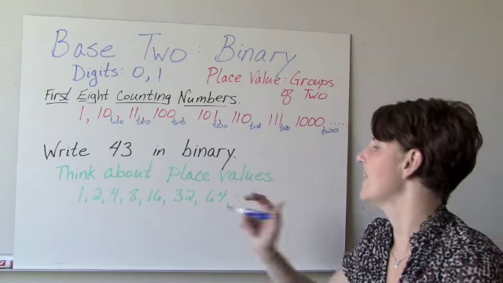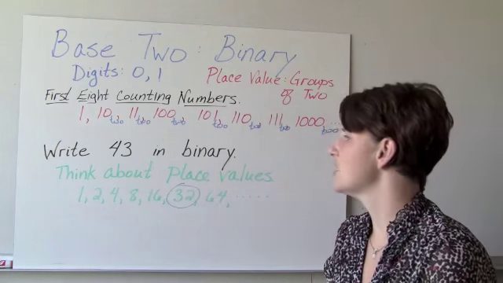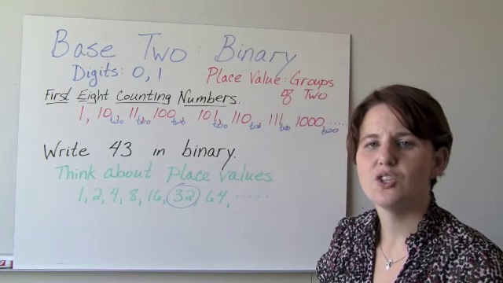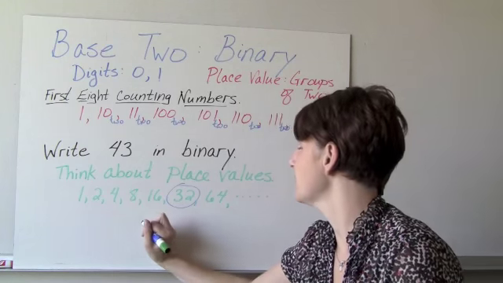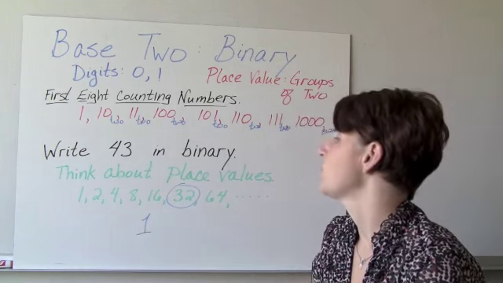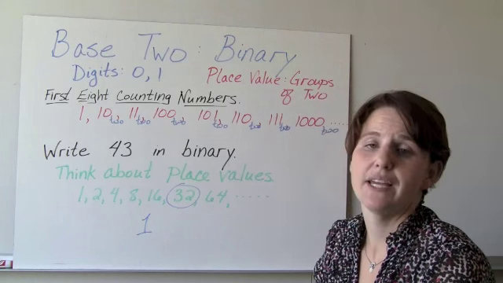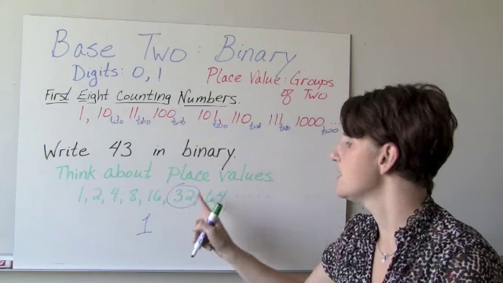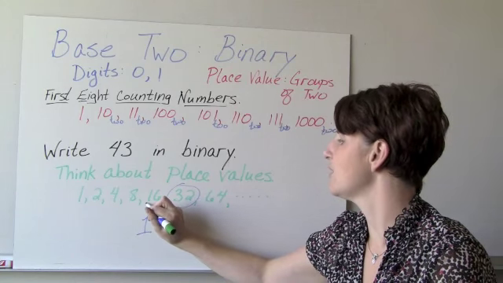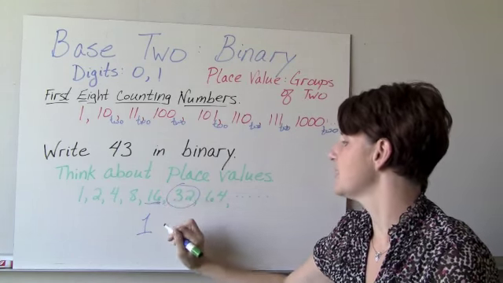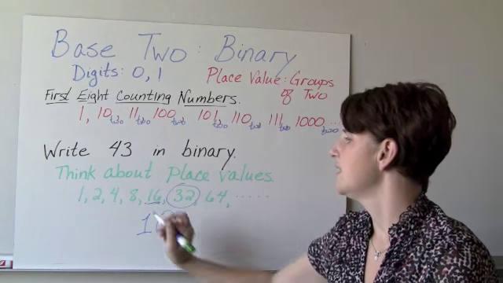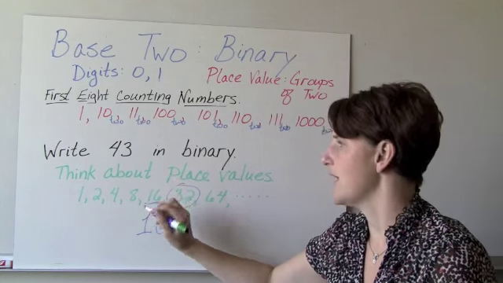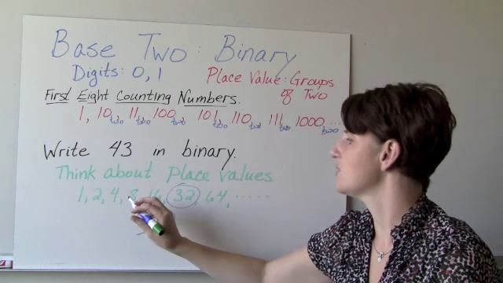The largest place value we need is 32. So how many 32s are in 43? Well, there's one of them. 43 minus 32 is 11, so I have 11 left over. Now we're going to look at our place values as we go down. I have 0 groups of 16 in 11.